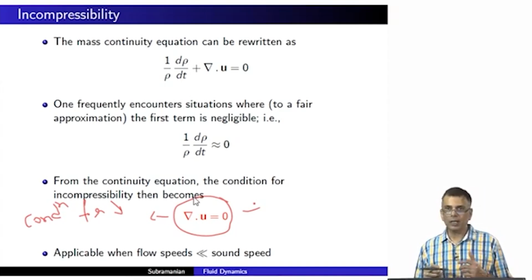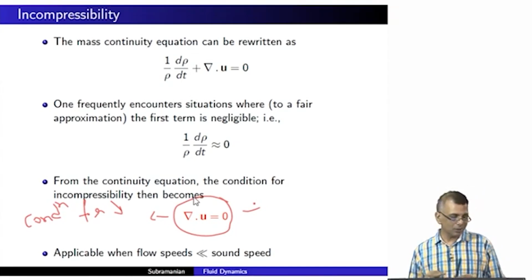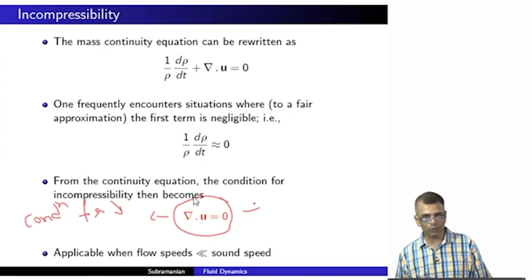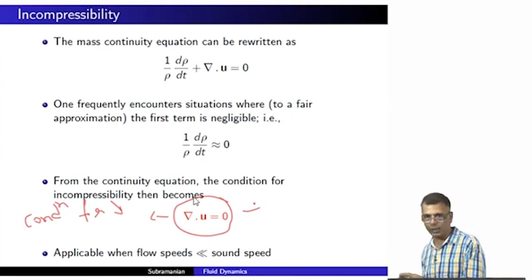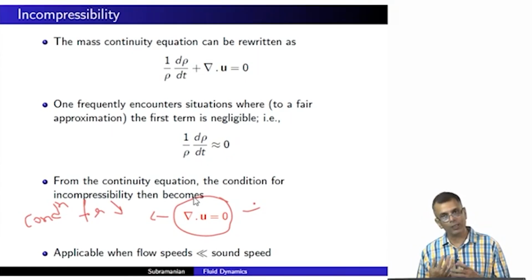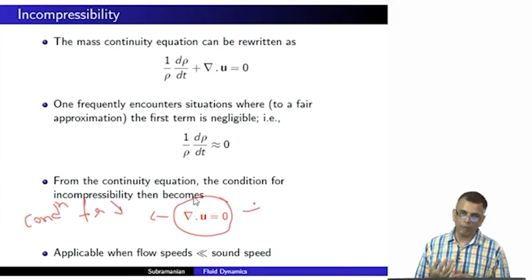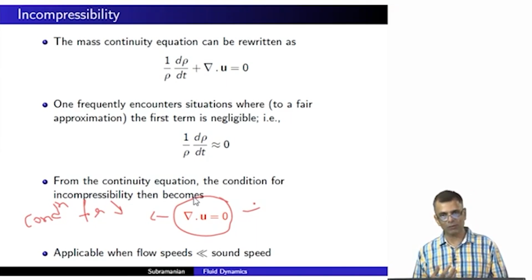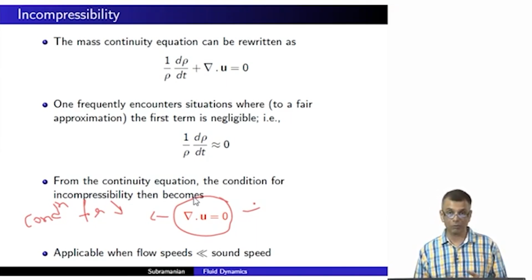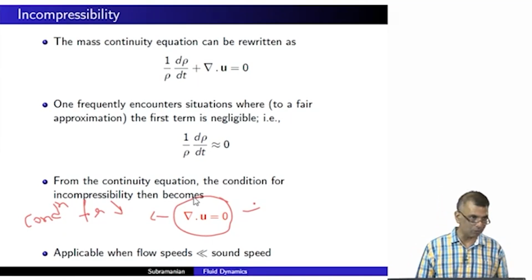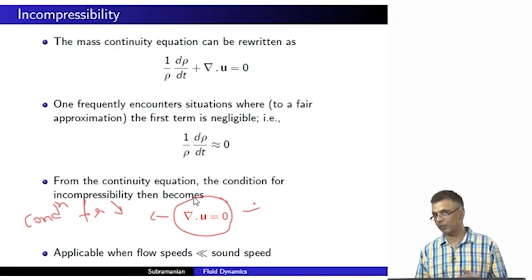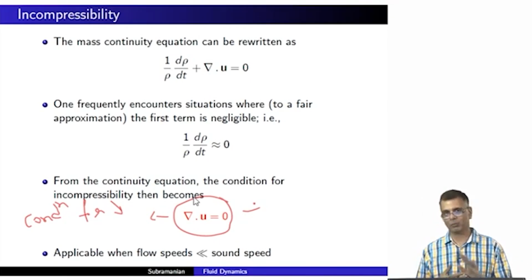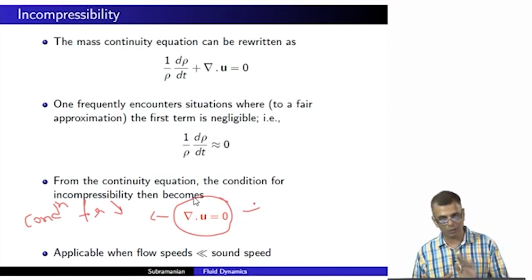Now it turns out that these are not absolute statements. It's never the case that a fluid is definitely compressible or definitely incompressible. It all depends upon how fast the fluid is flowing. And in physics, you never make this statement in an absolute sense. You never say how fast. Well, how fast with respect to what? With respect to the speed of light, or with respect to some other speed. Here we are talking non-relativistic dynamics, so the speed of light doesn't enter the picture at all.